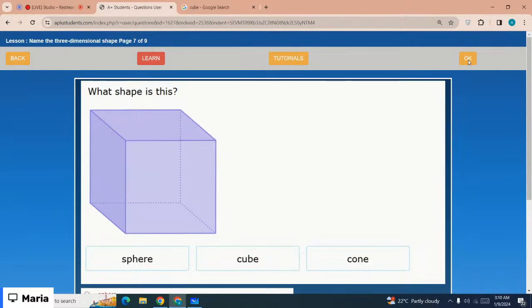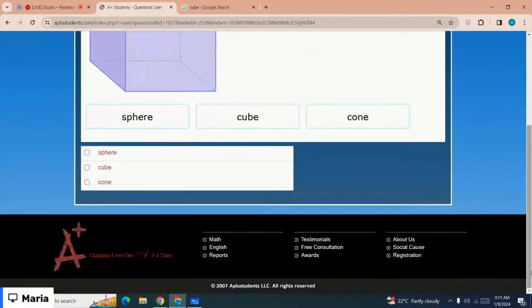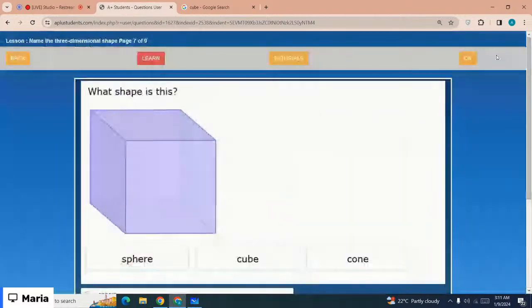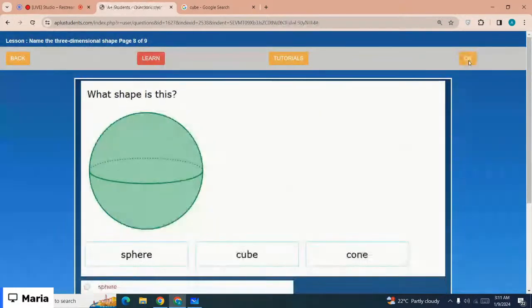What shape is this? Which is the correct option? Yes, that is a cube. Very good. The correct option is cube. What shape is this? Sphere, cube, cone. Yes, this is sphere.